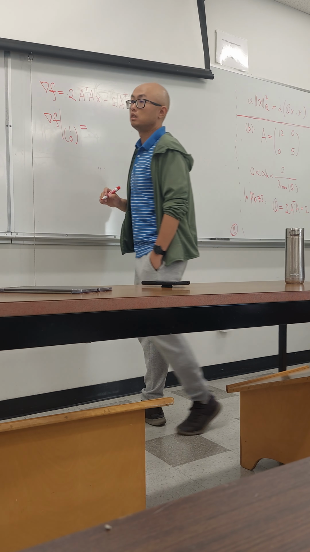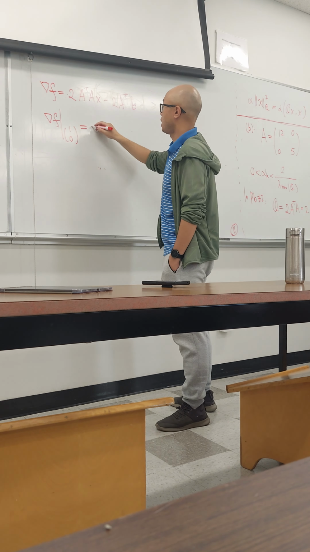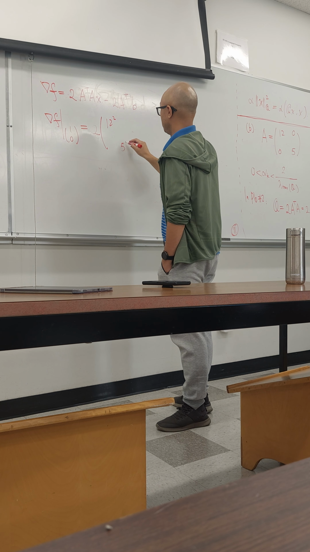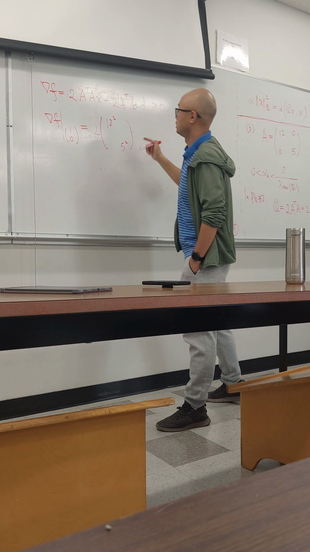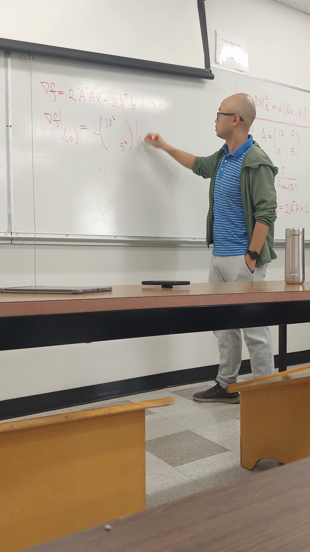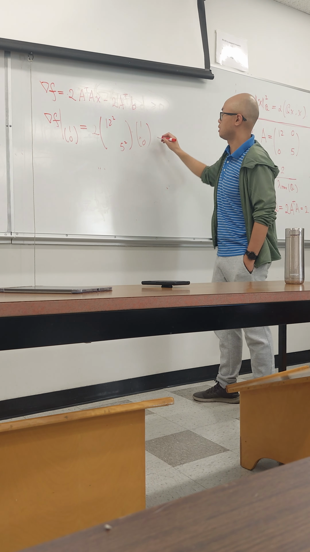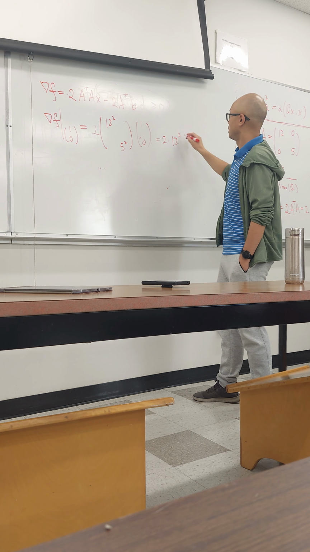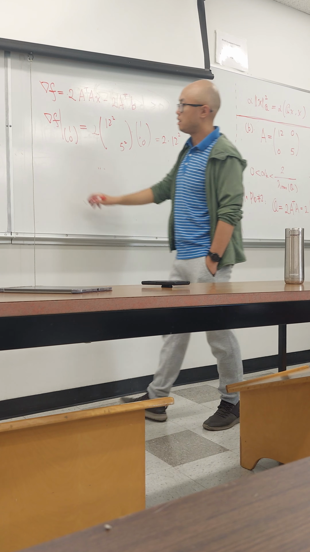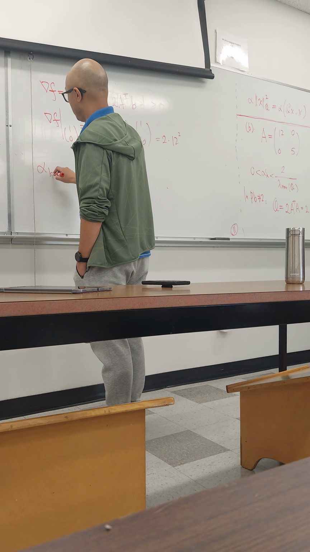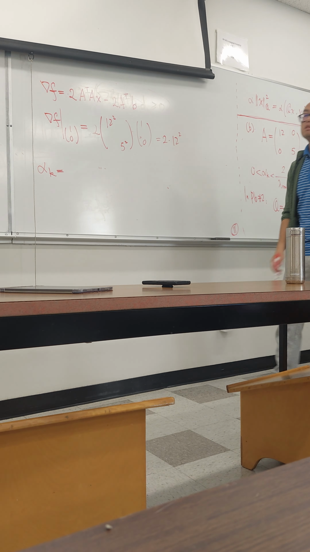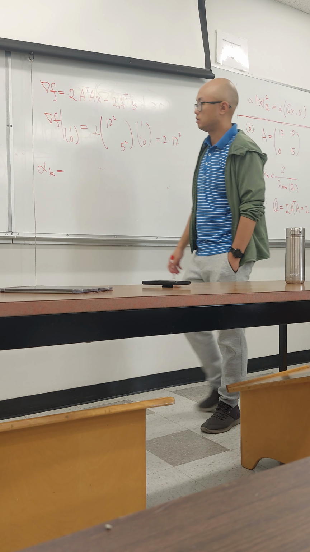B is 0, so it's 2 times A transpose times 1, 0. So it's going to be 2 times 12 squared. And then the step size, by the formula we had on the first page.